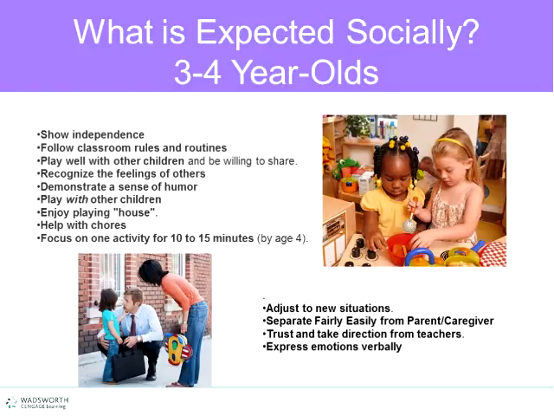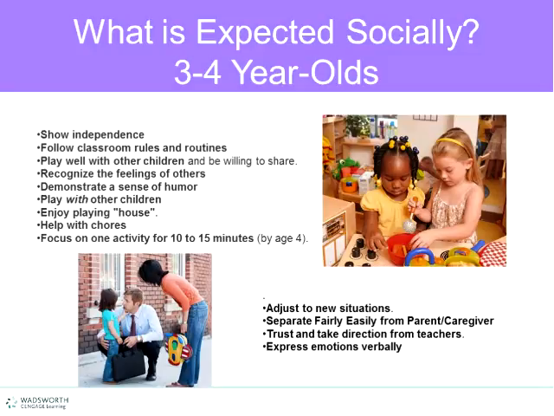So also, they should start to recognize the feelings of others. And again, we might be teaching this in the classroom. They should be able to tell when another child is sad or happy and be able to label what emotions they're seeing in that child. They should be able to demonstrate a sense of humor, maybe at 3 and 4.